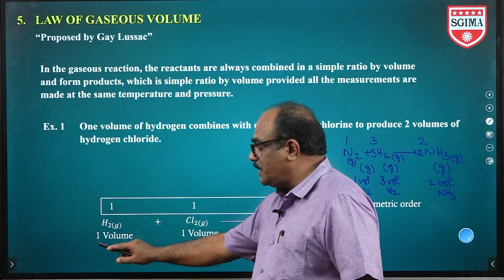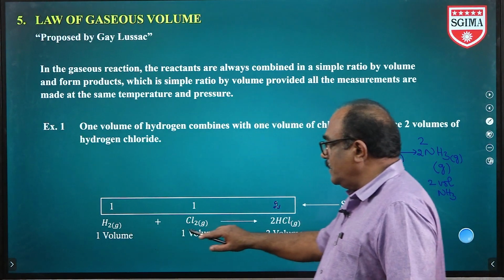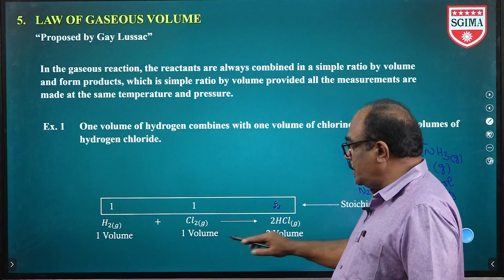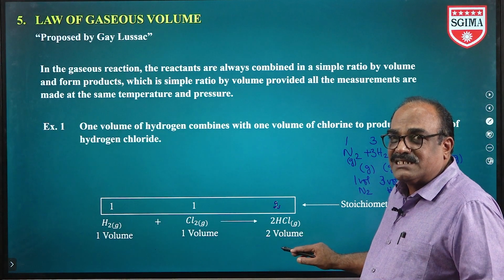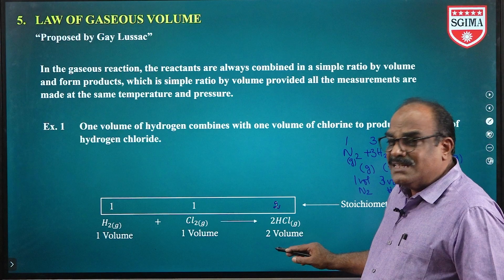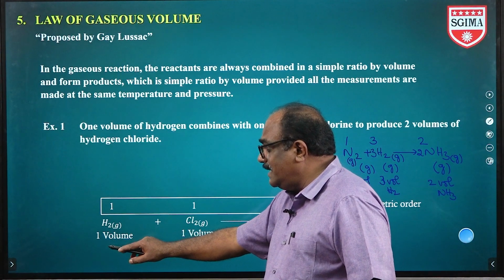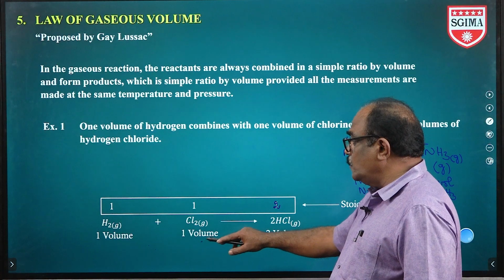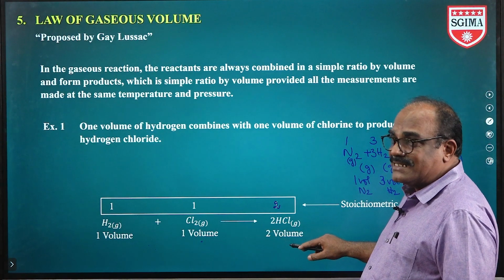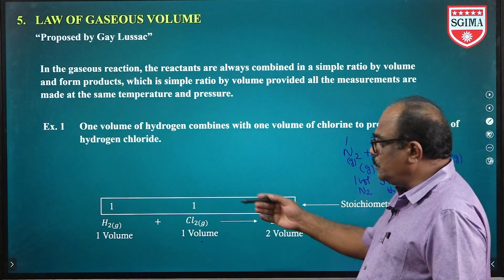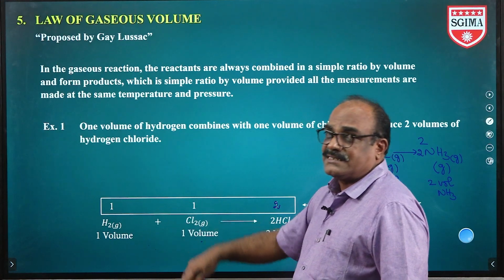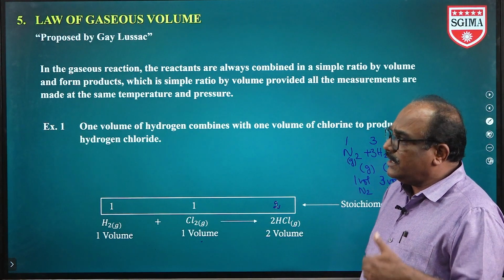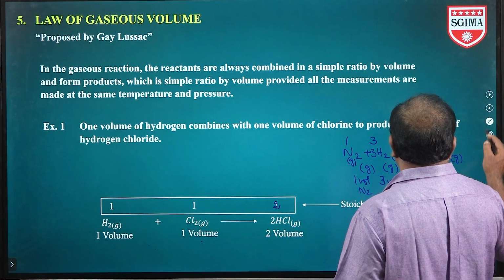For example, if I am taking 1 milliliter of hydrogen, it will combine with 1 milliliter of chlorine to produce 2 milliliters of HCl gas. Same thing, 1 liter of hydrogen combined with 1 liter of chlorine produces 2 liters of HCl gas. So you can raise this by any quantity; that volume refers to any scale that can be taken.